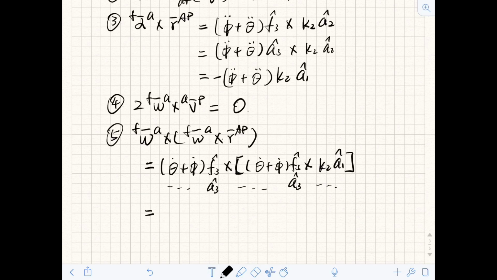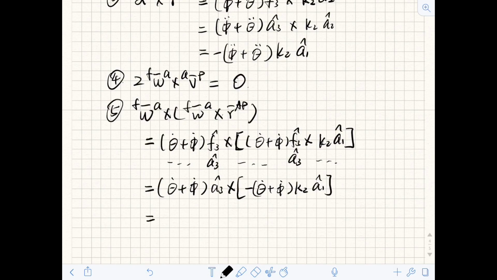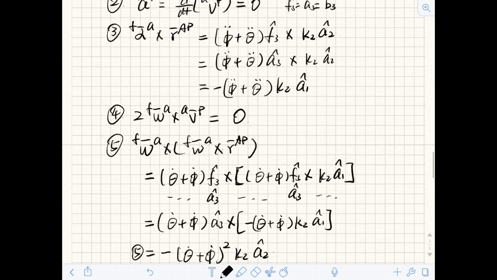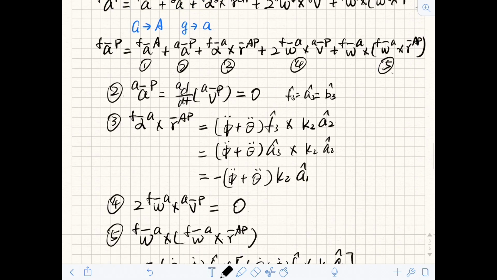And we will get theta dot plus phi dot A3 cross negative theta dot plus phi dot K2 A1, and then equal to theta dot plus phi dot squared K2 A2. So this is term 5. And now we have term 1 left.